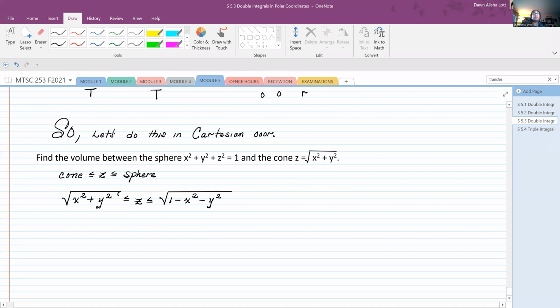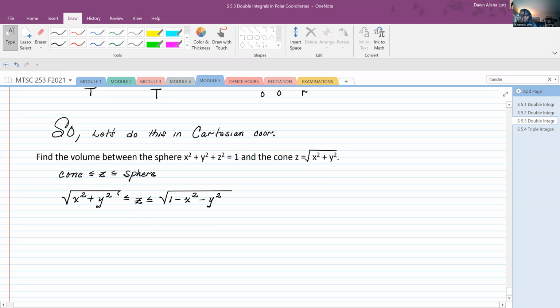Then we found out that we're going to set them equal. So when you set it equal, you have x squared plus y squared plus z squared, but z squared is x squared plus y squared again, is equal to 1. So you get 2 times x squared plus y squared is equal to a half.